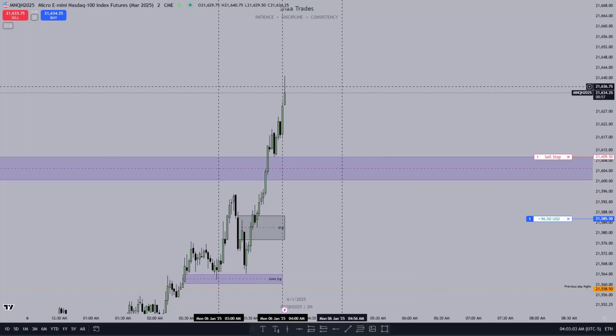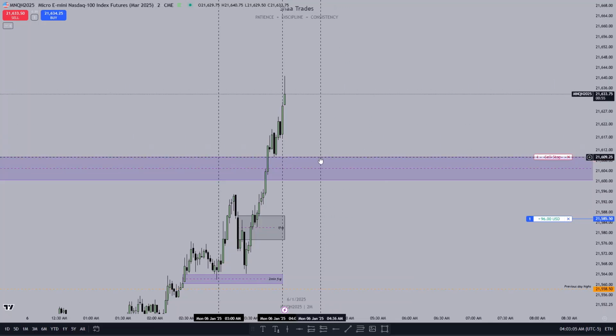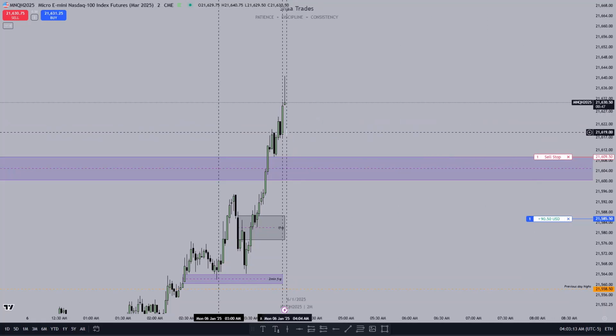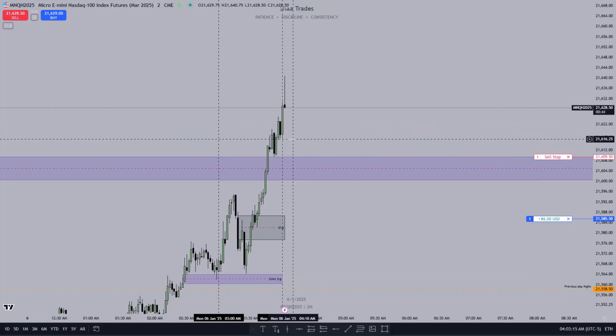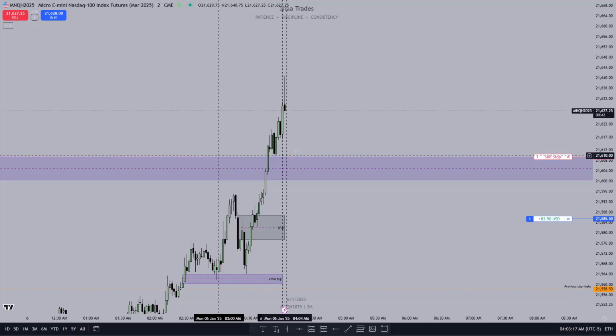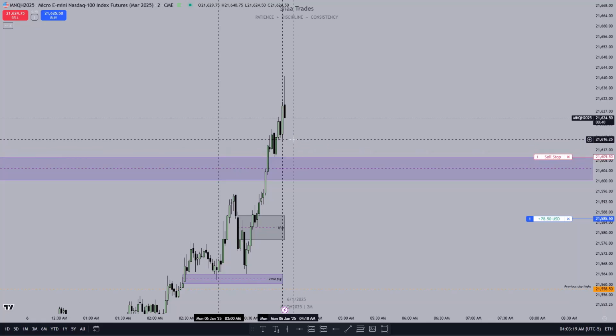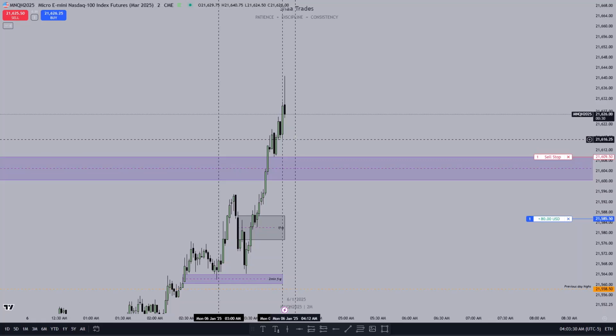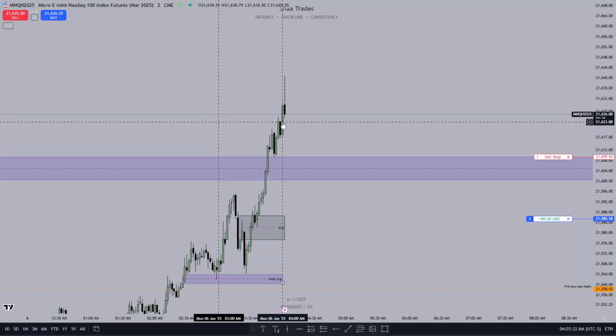Even though I'm not taking profit all the way up here, I'm managing the trade in a way that if price comes back here, I don't want to be in that trade anymore, right? Really price should be here, but let's see. If price comes here, I might just be out of the trade now. Let's see what it does. This is an order block.